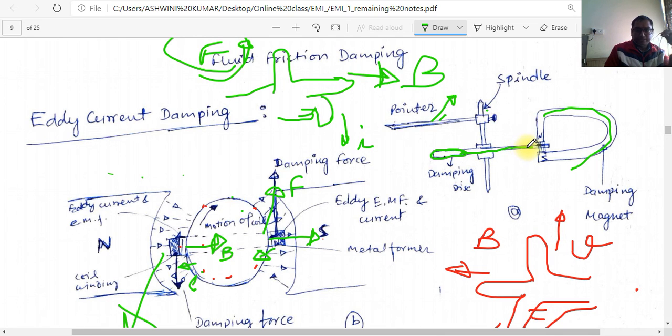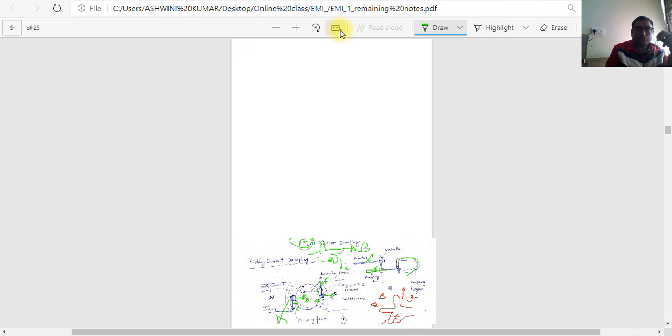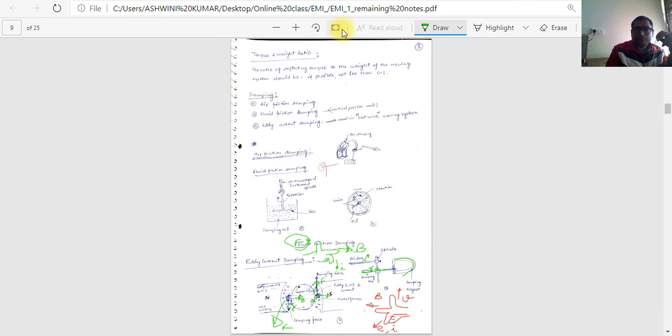At the same time, a current carrying conductor placed in a magnetic field experiences a force which tries to rotate or move, but it is connected on the axis and it will move in the opposite direction of the movement of the pointer, so that the current induced EMF or the induction of the current will be eliminated. So we can say this is the eddy current concept.